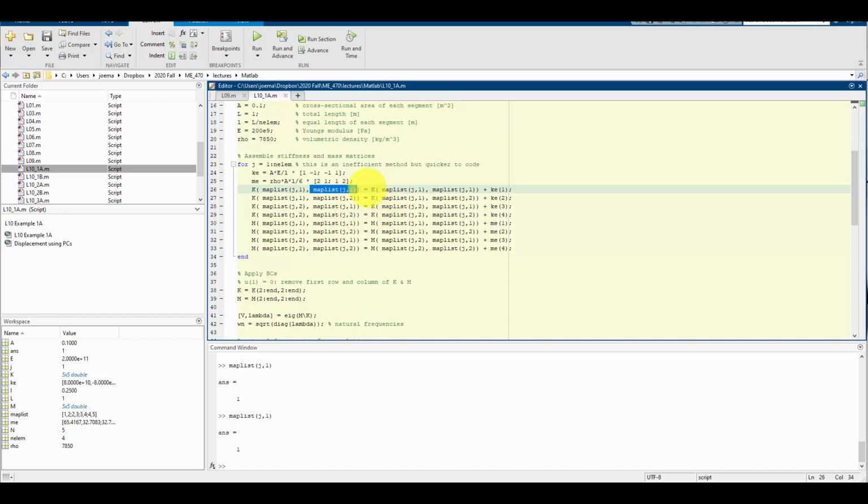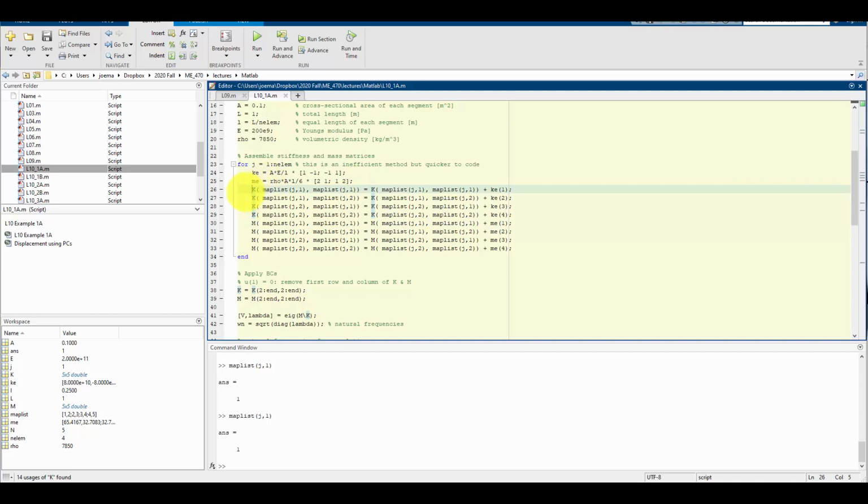So what I'm doing is I'm taking the current value of it, I'm adding the corresponding location from my local matrix, and then overwriting the value that should go into K at that spot. And what this is going to allow me to do then is superimpose where there's going to be overlaps, which we're going to see is going to happen on node 2 and 3 and 4, where we're overlapping two elements are going to contribute their local stiffness and their local mass to that.